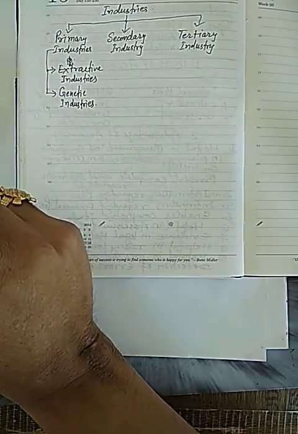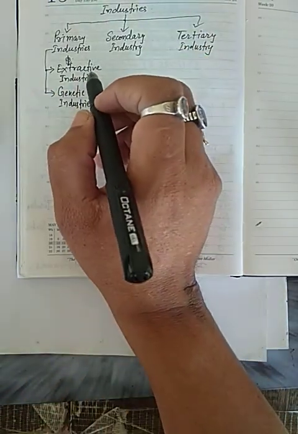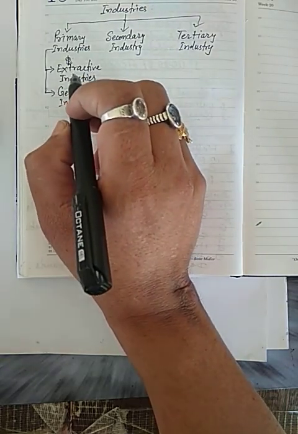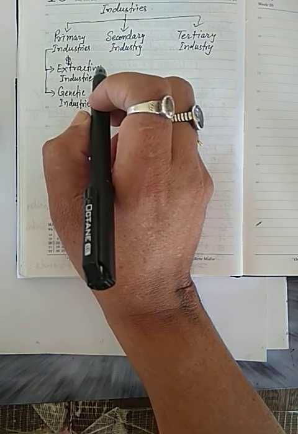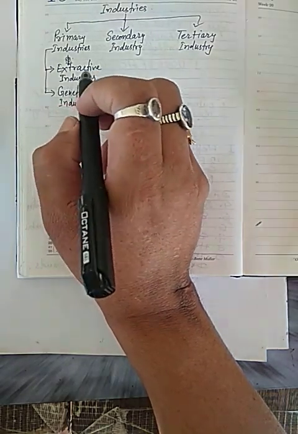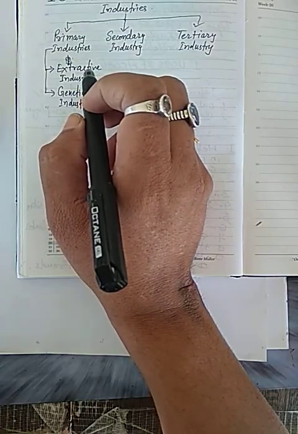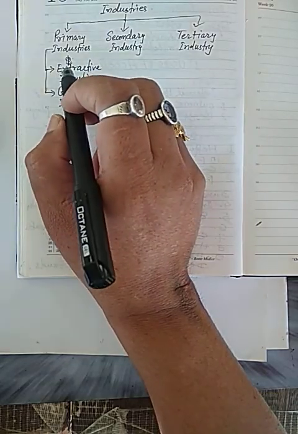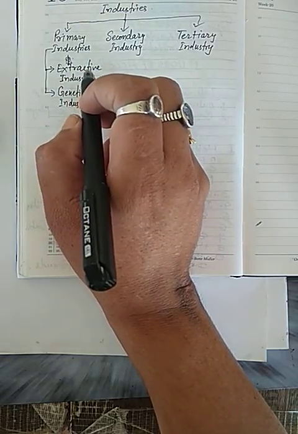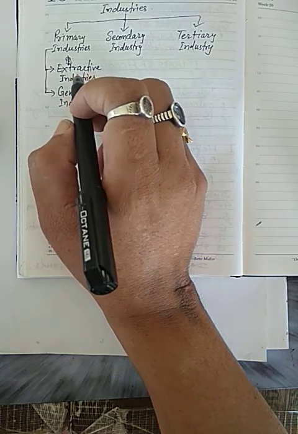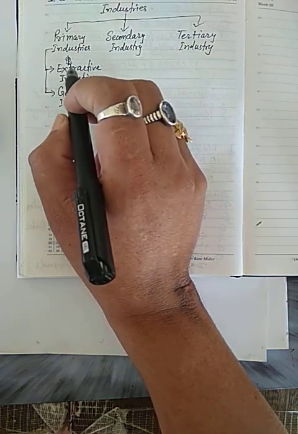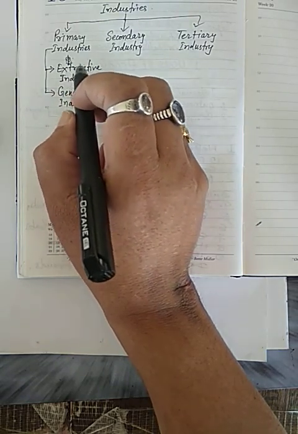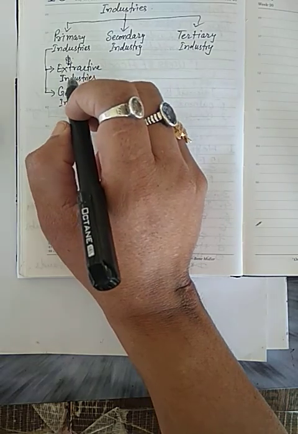Now, what are extractive industries? Extractive industries are those which involve extraction of something from natural resources, such as minerals from the earth, fish from rivers and seas, timber from forests, etc.